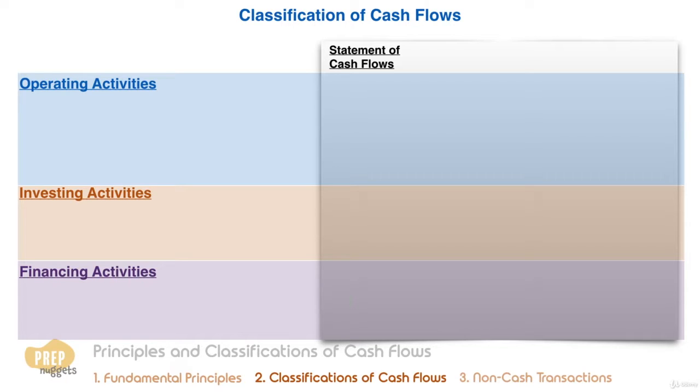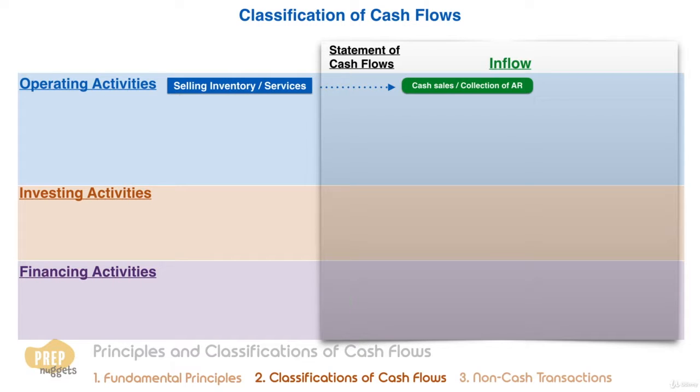Operating activities include the company's day-to-day activities that create revenues, such as selling inventory and providing services, and other activities not classified as investing or financing. Cash inflows result from cash sales and from collection of accounts receivable.